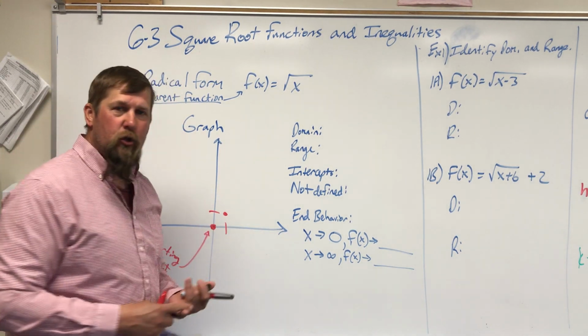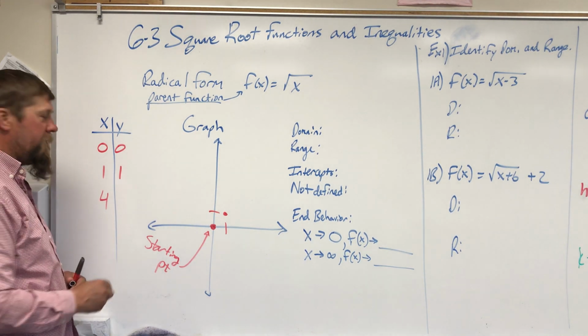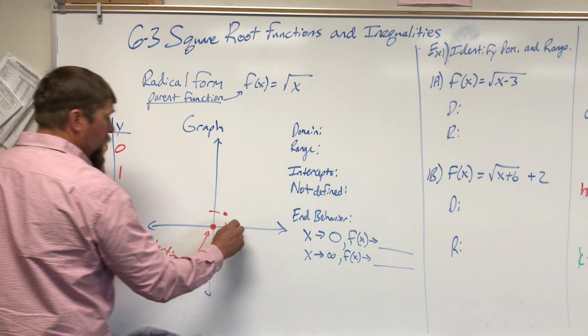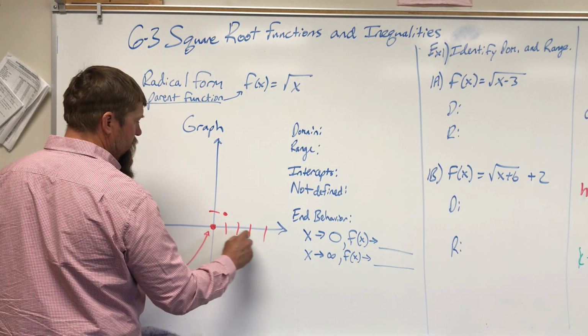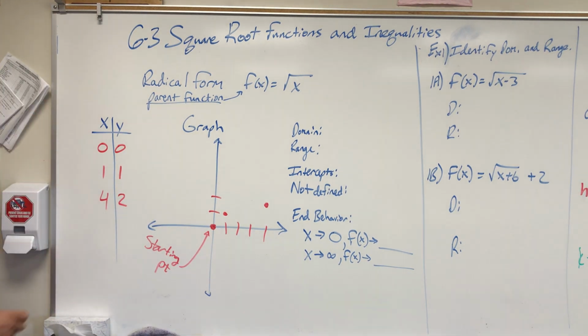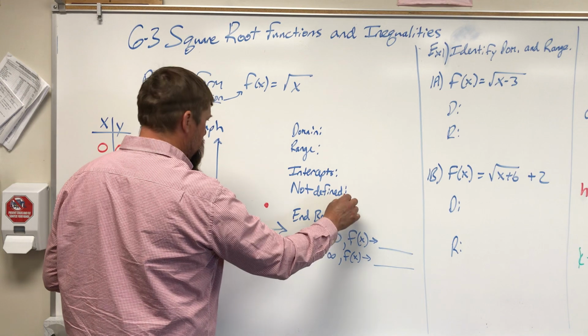I could put in 2, I could put in 3, but I'm going to put in 4 because the square root of 4 is 2. That gives me a very nice number or point to graph. So 1, 2, 3, 4, 1, 2, there's another point. If I put in 9, I get 3.